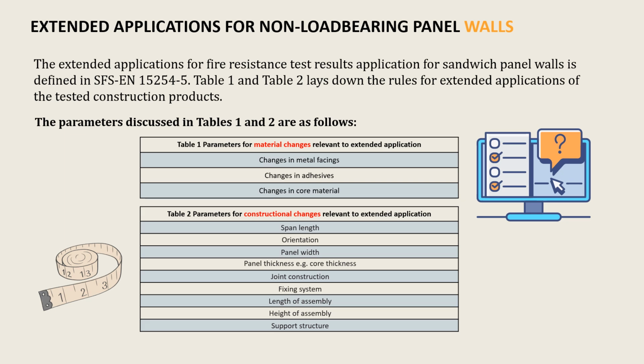For constructional changes, Table 2 lists the parameters relevant to extended applications, which include changes to span length or orientation, variations in panel width or panel thickness, including core thickness, modifications to joint construction or fixing systems, changes in the length or height of assembly, and finally changes to the support structure. These parameters ensure flexibility while maintaining compliance with the tested product's performance standards.